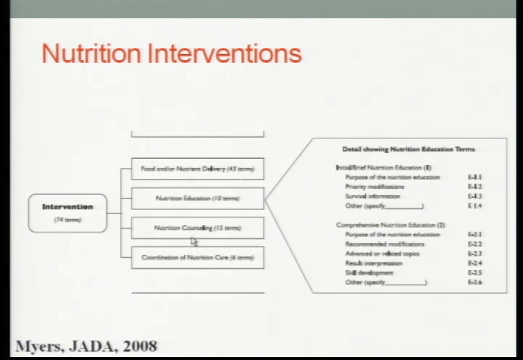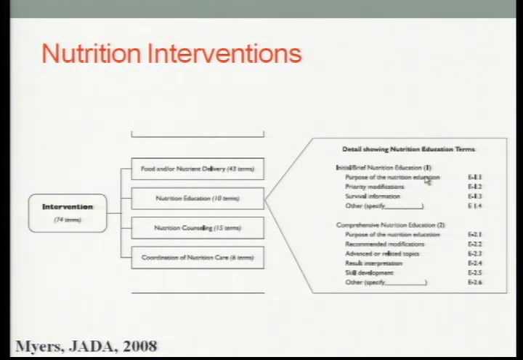There's nutrition counseling, which is different, and we have some new models that have come out about that. Education is just providing knowledge or information, whereas counseling is behavioral change. And coordination of nutrition care, working with your healthcare team to make sure they have access to Meals on Wheels or the senior center, or the correct transportation to make sure they can go shopping. So it's that coordination of care.